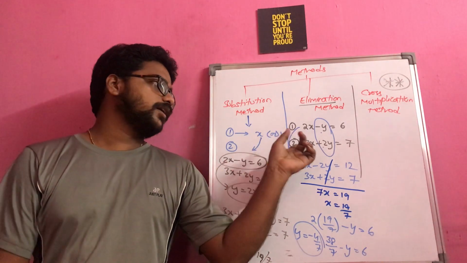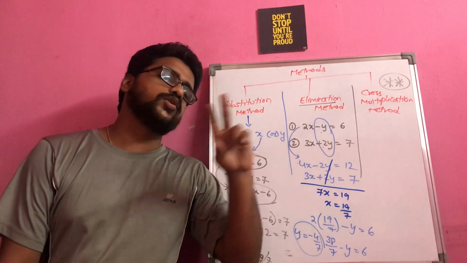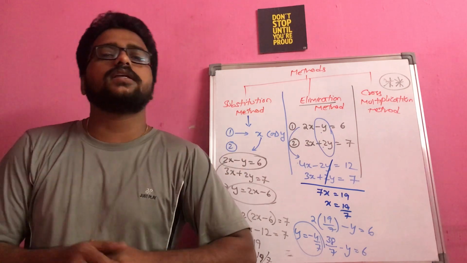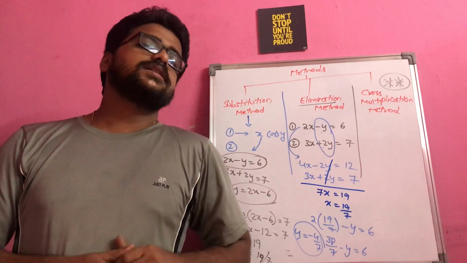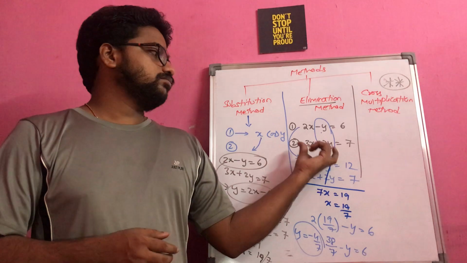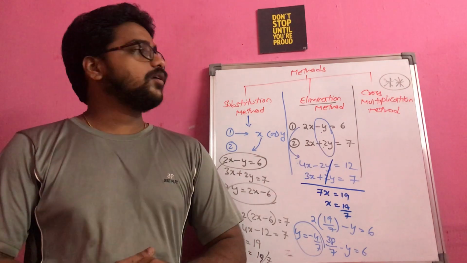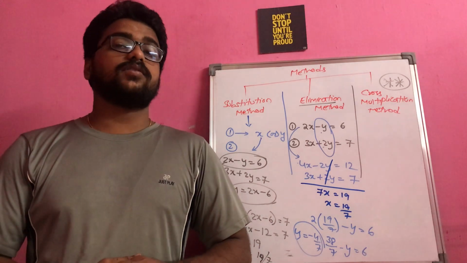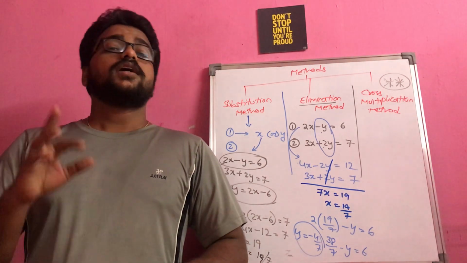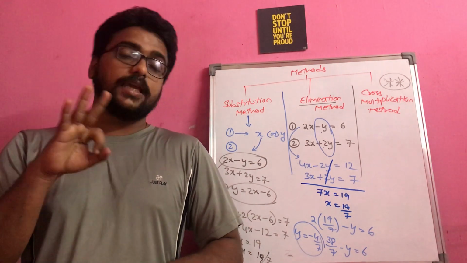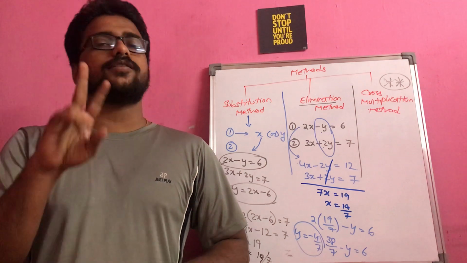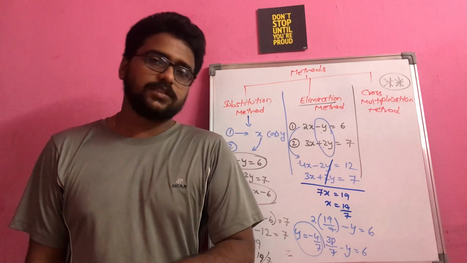So here you have two variables, so you need at least two equations to get the values of x and y. But actually the cross multiplication method has an advantage of even dealing with three variables, but still having only two equations.